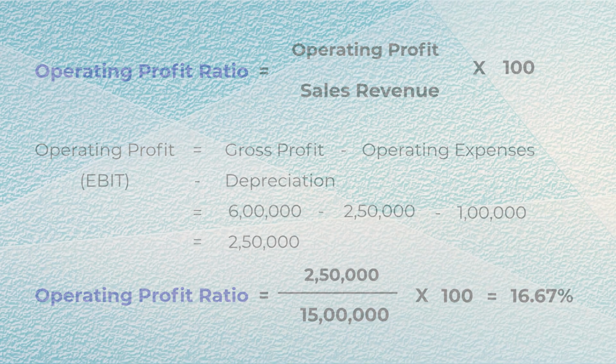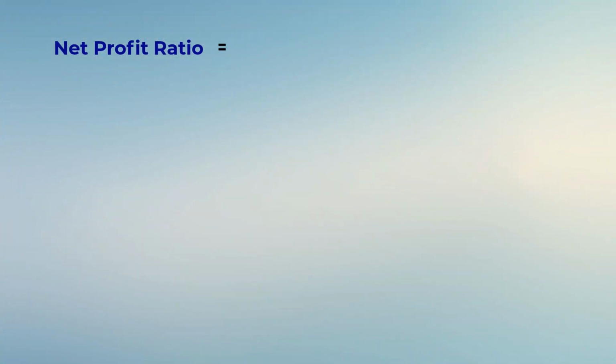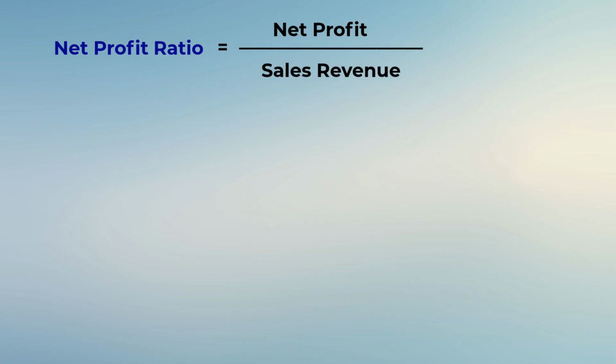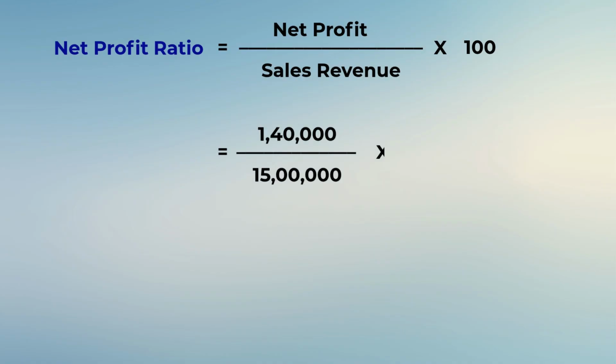Then we have the net profit ratio, which is equal to net profit divided by sales revenue multiplied by 100. Now, by putting the values of net profit and sales revenue, we get a percentage of 9.33%. This means company retains 9.33 rupees as net profit for every 100 rupees sales, which is a decent profitability after all the charges.